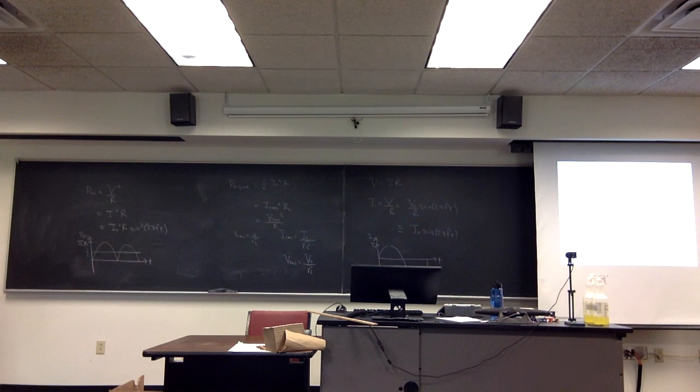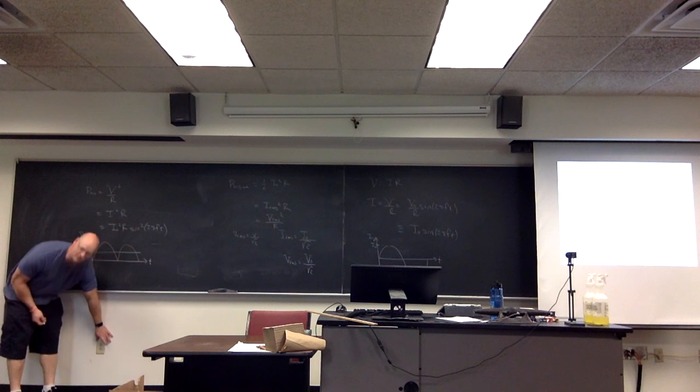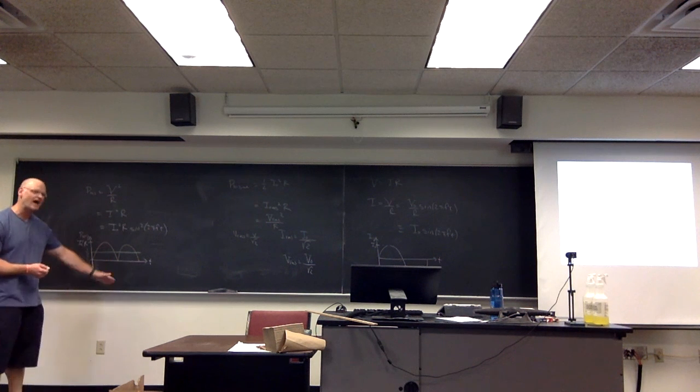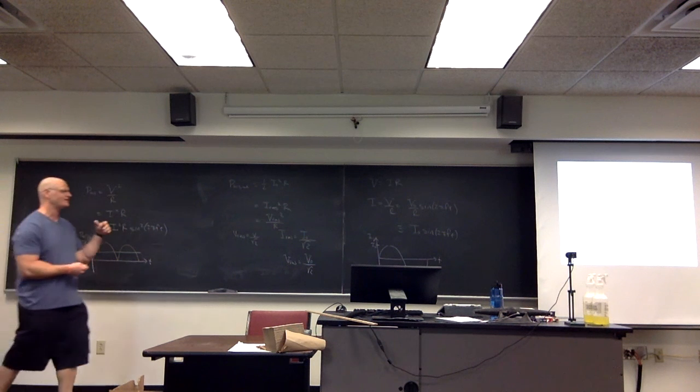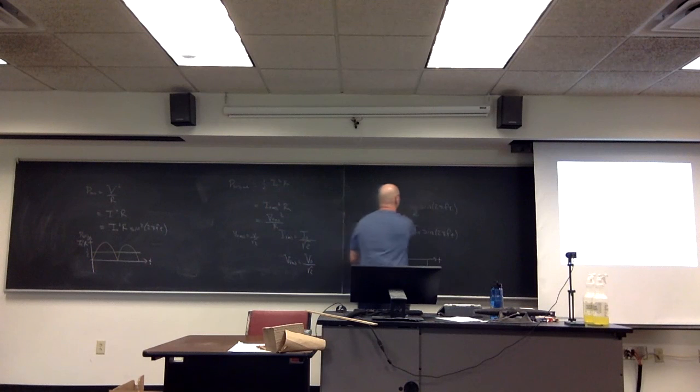So again, when somebody says that the potential coming out of here is 120 volts, what they're actually quoting to you is the RMS value of the potential. Because the potential is sinusoidally oscillating, you measure not its peak value but the RMS value.